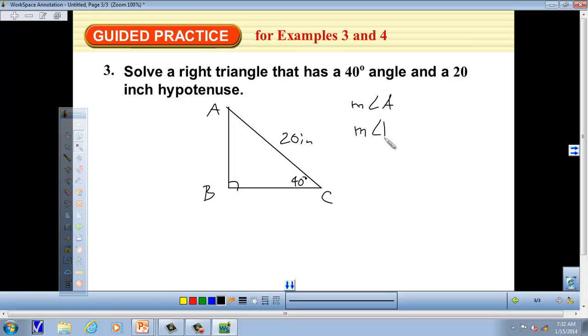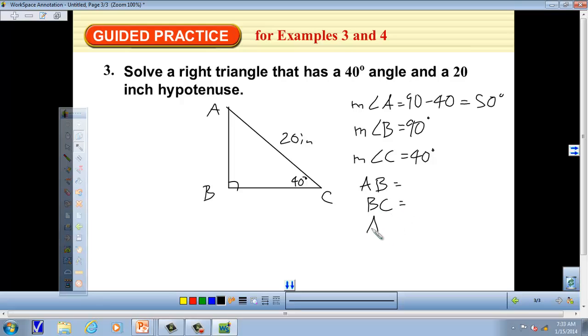Measure of angle B is 90, and measure of angle C is 40. So hopefully you can figure out that this is 90 minus 40, or 50 degrees. We don't know AB. We don't know BC. But we do know that AC, in this case, is 20 inches.